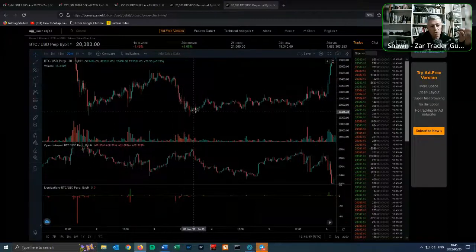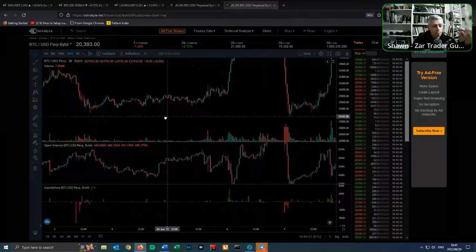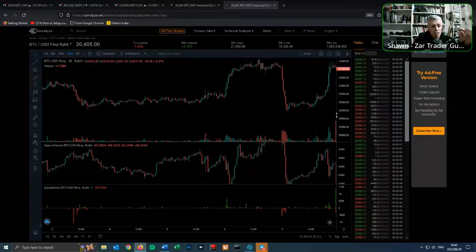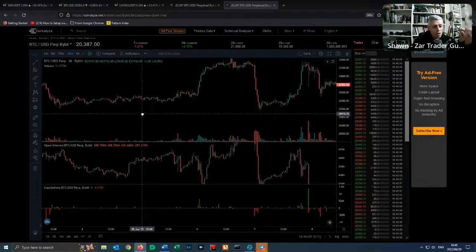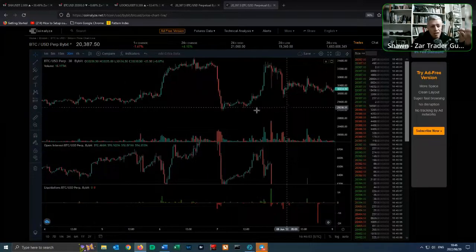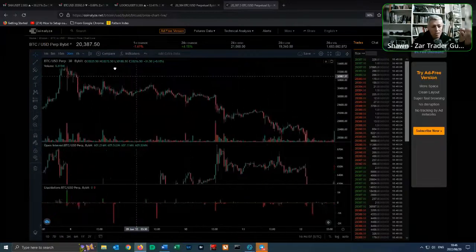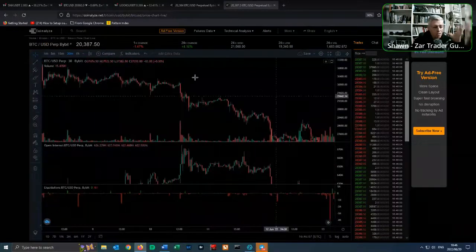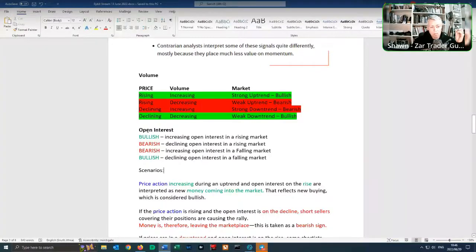They were scared of their positions, and we had a little reversal there. Sorry, that's not a falling market. The last couple of days is quite a bad example of that, and maybe Bitcoin is a bad example to use with that. But I would suggest take these little cheat sheets, go and look at the chart, look at what open interest is doing, see what price is doing, and see what volume is doing.